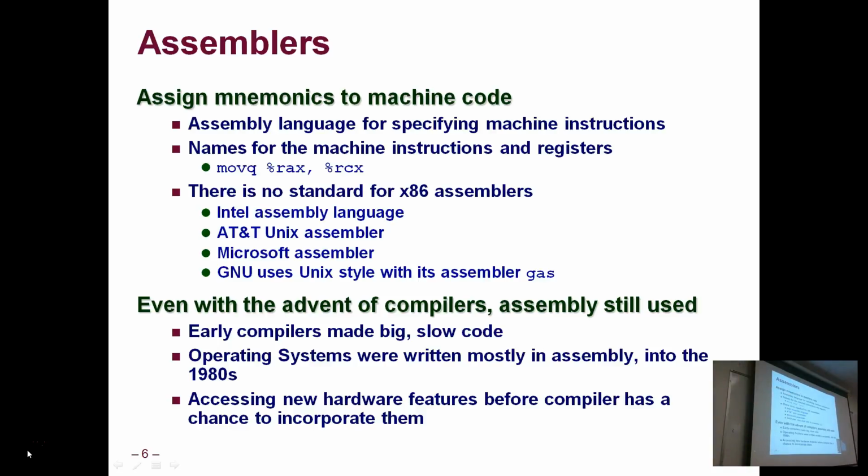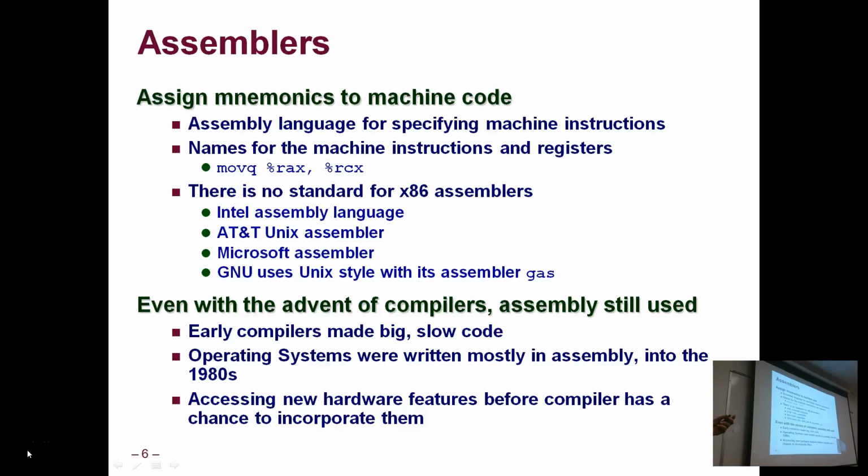One of the real frustrating things about assembly code is that there's no standard. Intel has their own assembly language for x86. The one that we're using on Linux Lab is the AT&T GAS assembler format, which is slightly different. Microsoft has its own assembler, which is again different, and one of the most annoying things is that the operands are flipped in the Microsoft version.